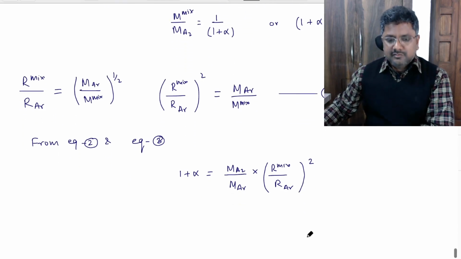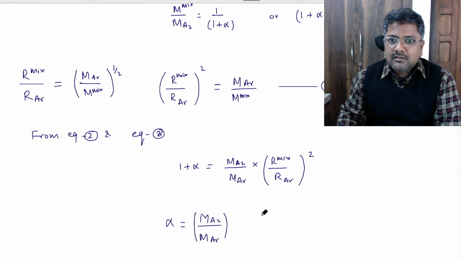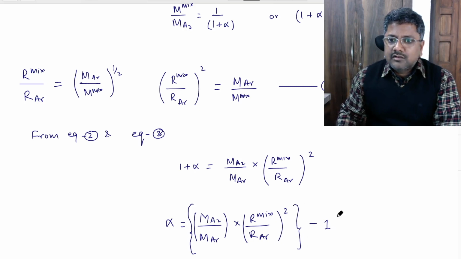So we can write alpha is equal to molar mass of A2 by molar mass of argon multiplied by R of mixture by R of argon square minus 1.